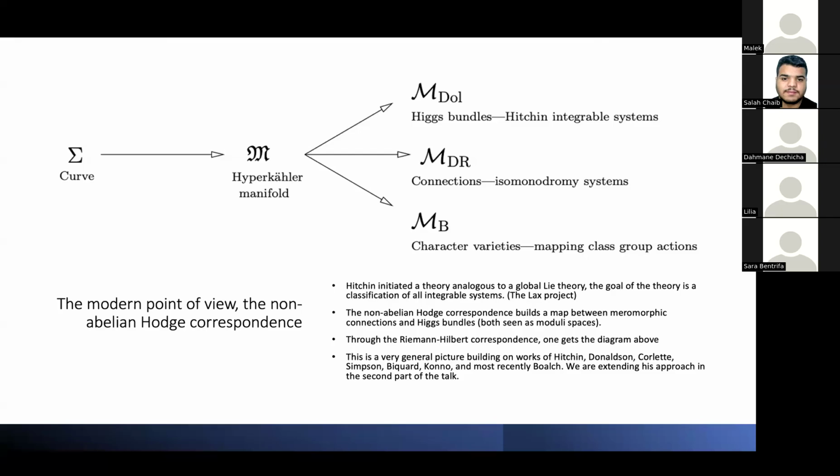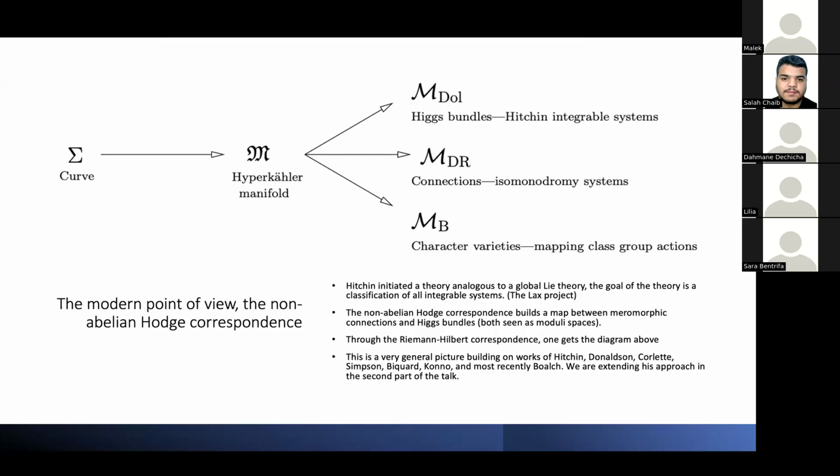which was initiated by Hitchin, and what he wanted was a classification of all integrable systems. This is the Lax project, and this is a very large question, and you cannot do that very easily. What he did is consider a curve. In my case, the curve is always going to be the Riemann sphere, so C with a point at infinity, and he equipped this with a hyperkähler manifold, considering a hyperkähler metric.